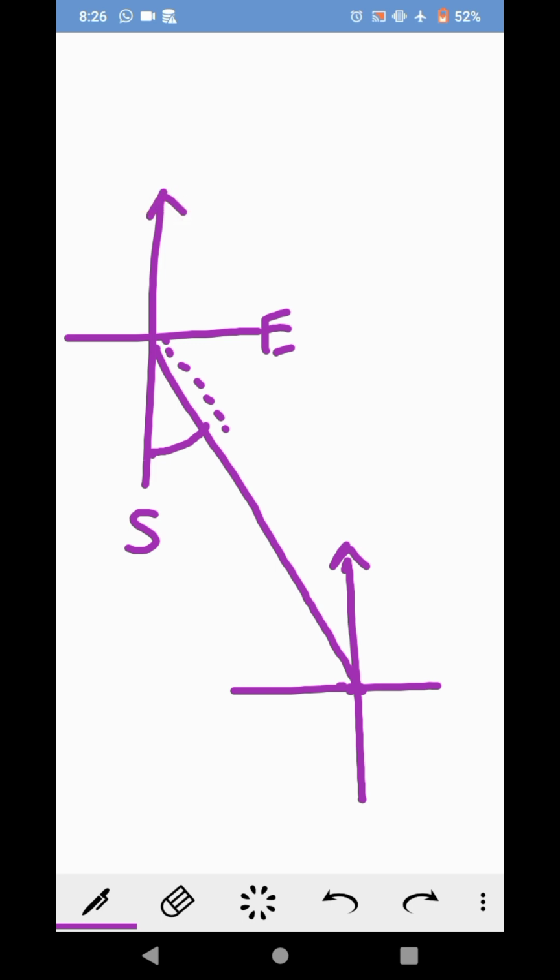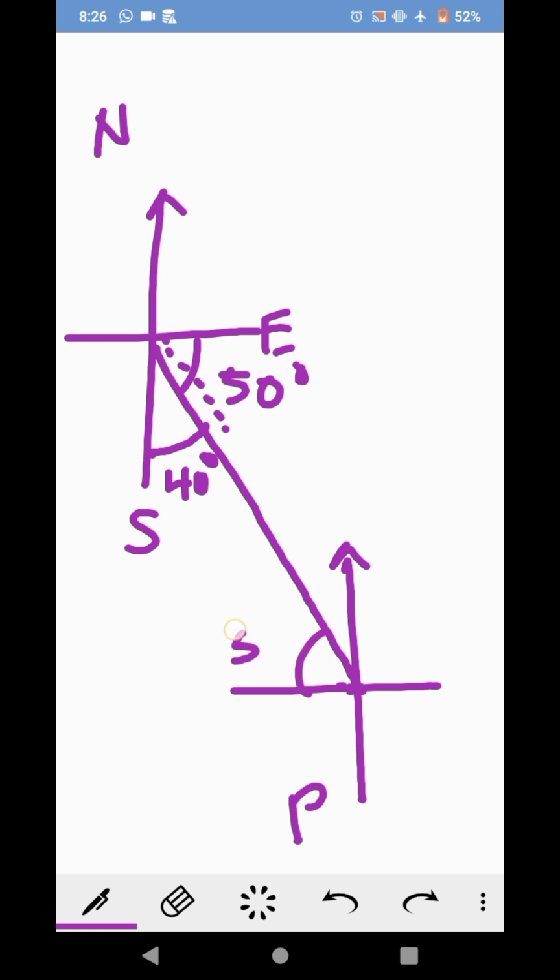Remember, this is our point N, and this is our point P. Here we've said is 40 degrees. That means here must be 50 degrees. All right, so alternate angles are equal, of course.